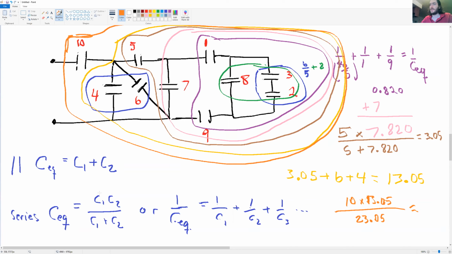And this one comes out to 10 times 13.05 divided by 23.05, 5.66, which is the answer that a lot of you were getting earlier, so that is a very good sign.